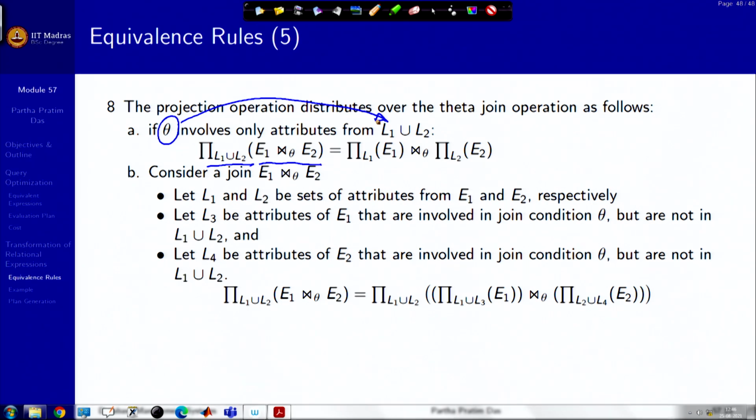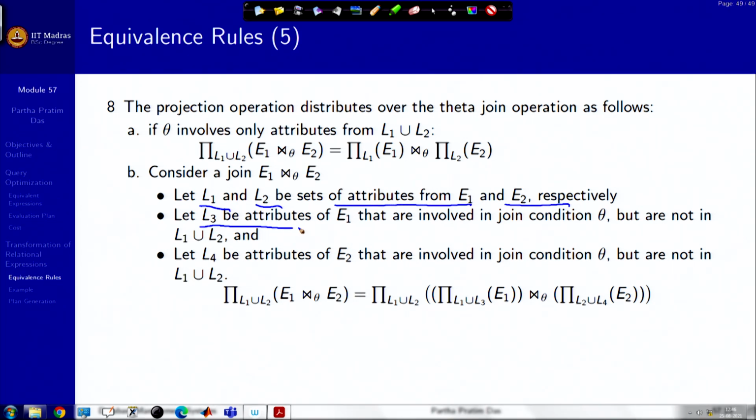It could, but if it does not, then it is enough to project the first one on L1, second one on L2 and then do the theta join. Naturally, this will get smaller, it is easy to see why they are equivalent. So, L1, L2 are the sets of attributes from E1 and E2 respectively.